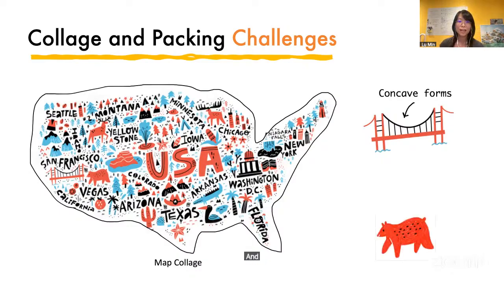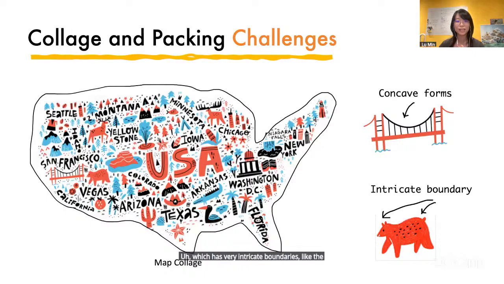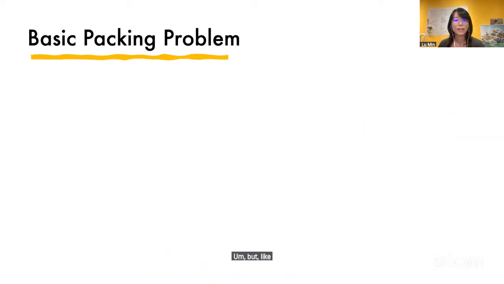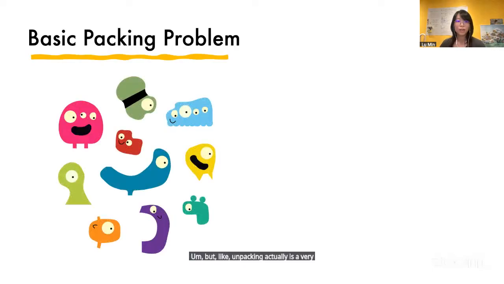If we look into the elements, some have concave forms, like the bridge, I think the Golden Gate Bridge in San Francisco, and also the bear here, which has very intricate boundaries, like the little ears and the tail. When designers design this collage, it takes a lot of effort to lay out all the elements nicely in this container. But packing is actually a long studied problem in computer graphics.